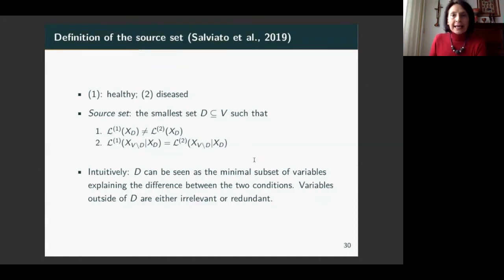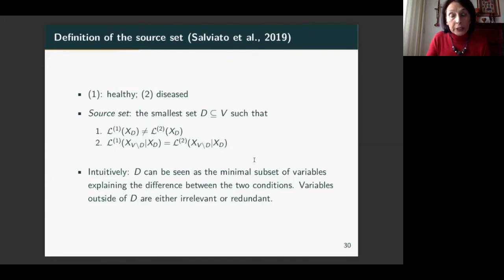Intuitively, the source set is the smallest set of variables explaining the difference in the two conditions. So the smallest set of variables whose marginal distribution differs in the two conditions, but conditionally on whom all the laws of all the remaining variables are identical in the two conditions.